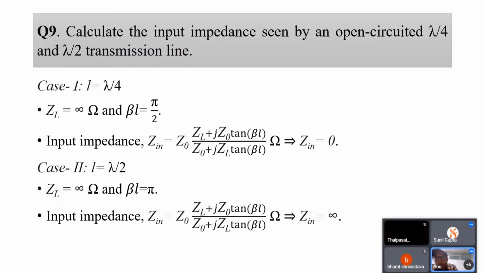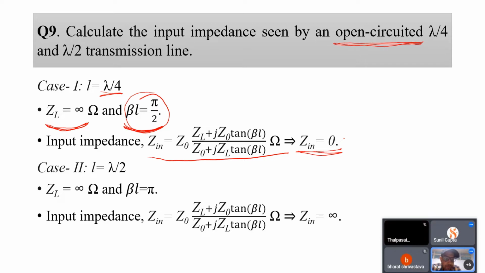You first calculate the value of beta L. For lambda by 4 length of transmission line, beta L is defined as pi by 2, whereas the load impedance is now infinite because it is an open circuited transmission line. So Z input for a lambda by 4 length of transmission line is given as 0 ohm.